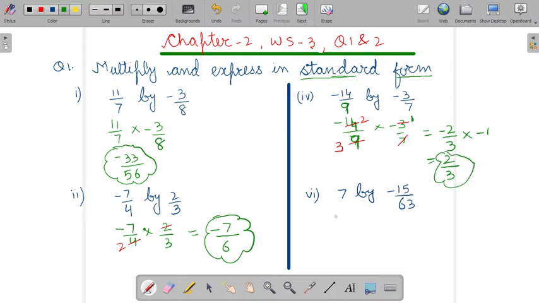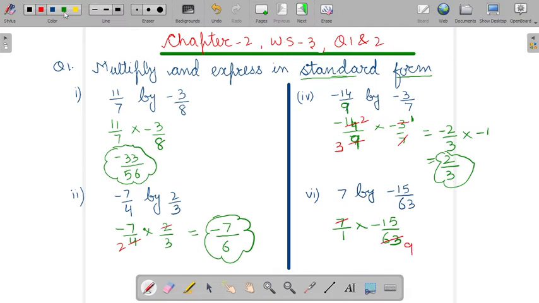Similarly in this, only 7 is written. So we can write 7 upon 1 if you want. Multiply minus 15 by 63. Now cancel the term. Which term can be cancelled out? This 7 and 63 could be cancelled out.